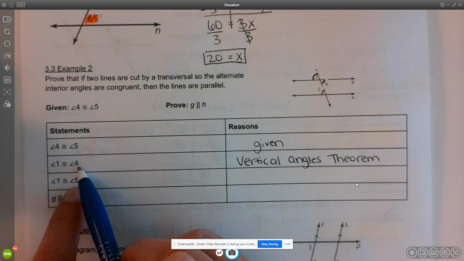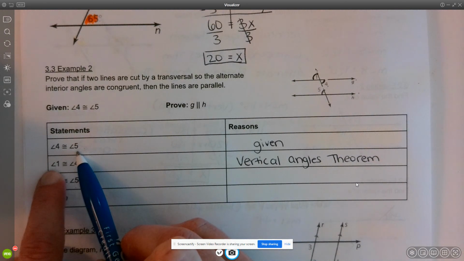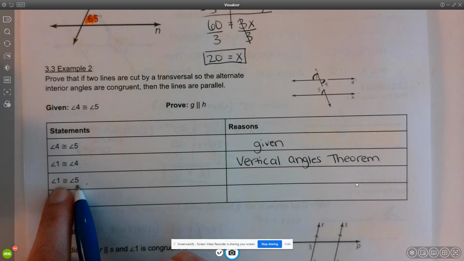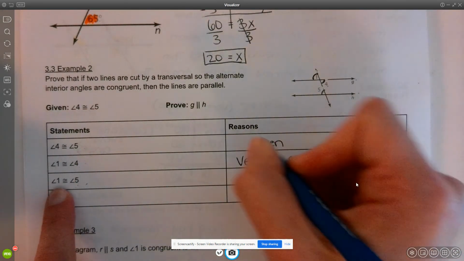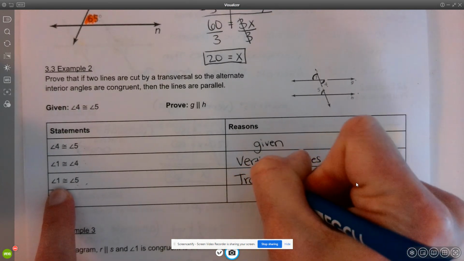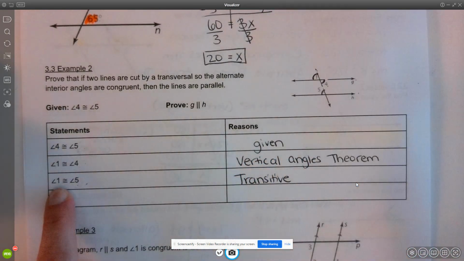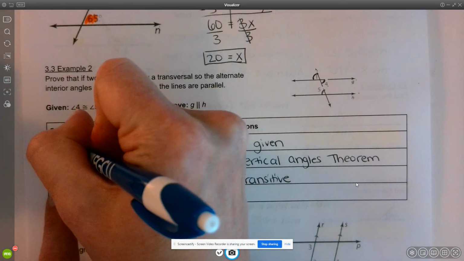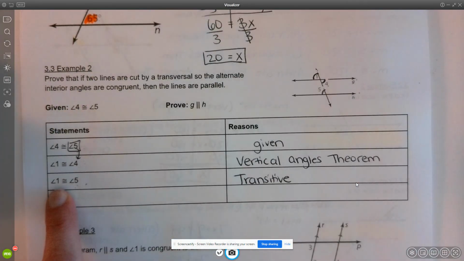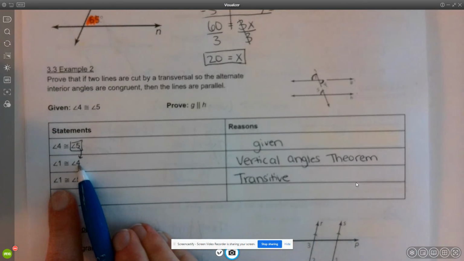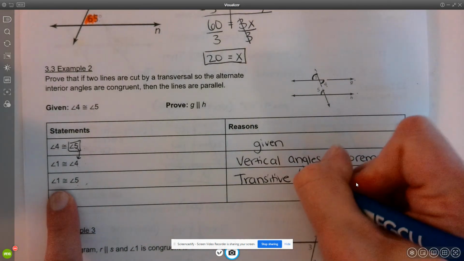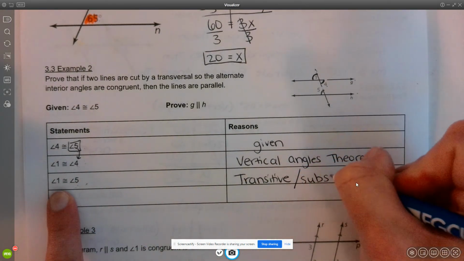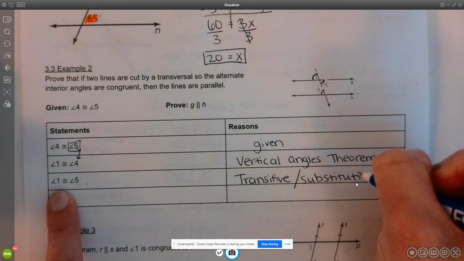Notice how angle 4 is congruent to both 1 and 5, which must mean, therefore, that angle 1 is congruent to angle 5. That's the transitive property. Or you could think of that as the substitution property, substituting angle 5 in for angle 4. Either would be fine.